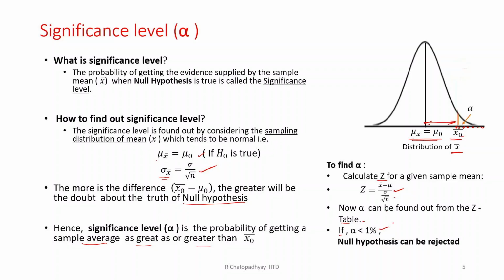And if alpha is less than 1%, then the null hypothesis can be rejected. Otherwise, we'll accept the null hypothesis. So that value of alpha is chosen by us.